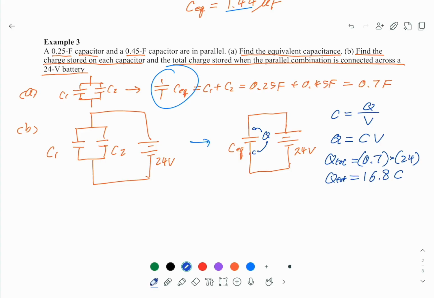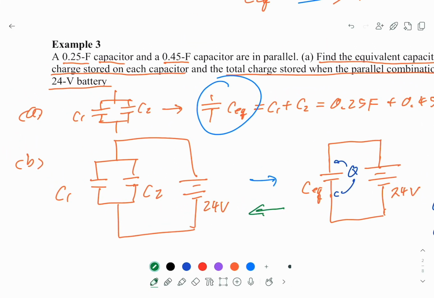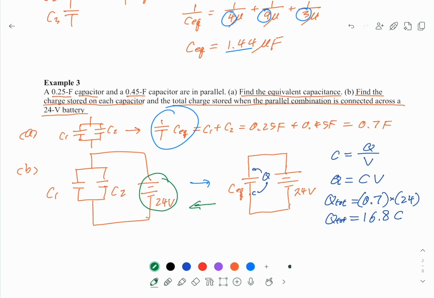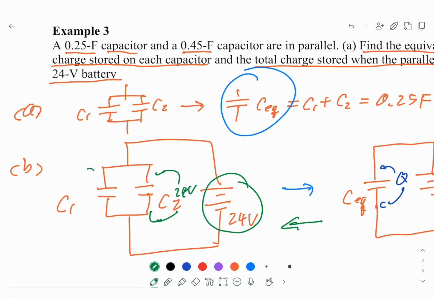Now let's go backward. Because the two capacitors are connected in parallel, one thing for anything connected in parallel is they have the same voltage, just like resistors. So what I mean is the voltage across here is 24 volts, and the voltage across here is also 24 volts.